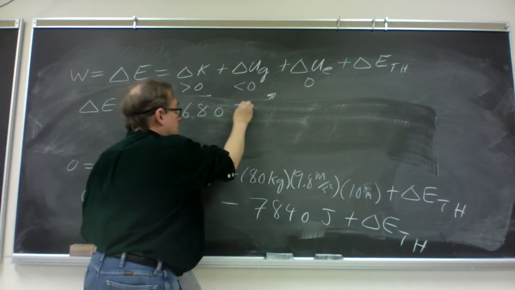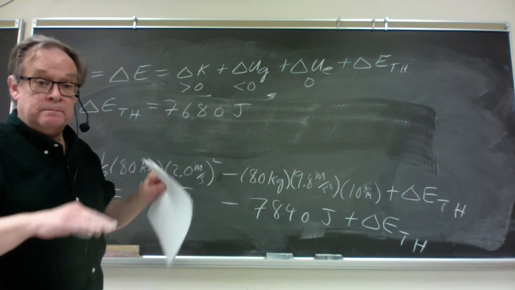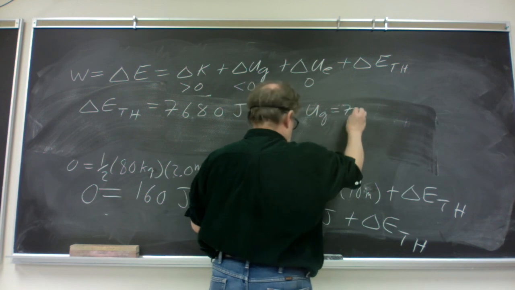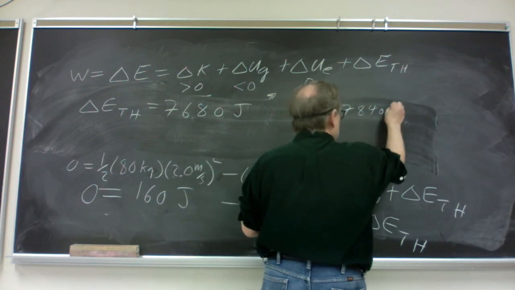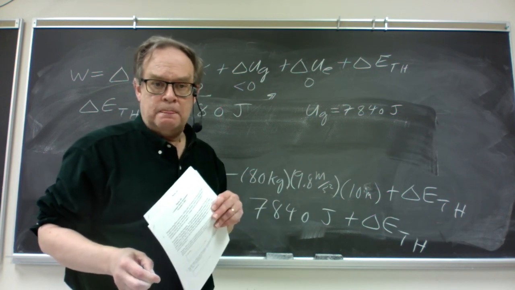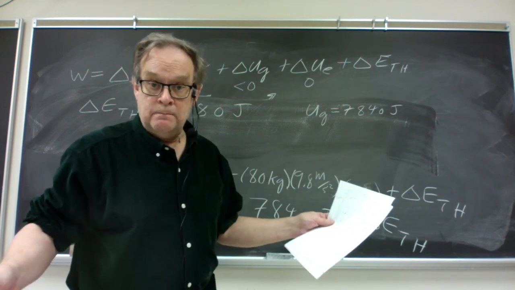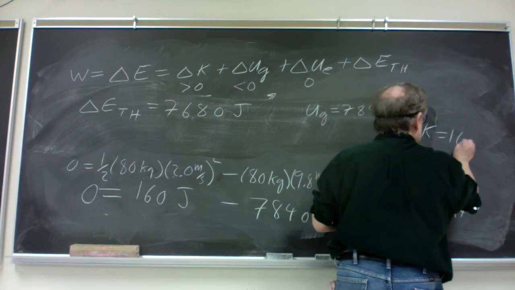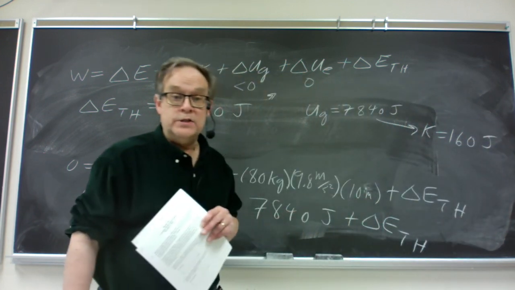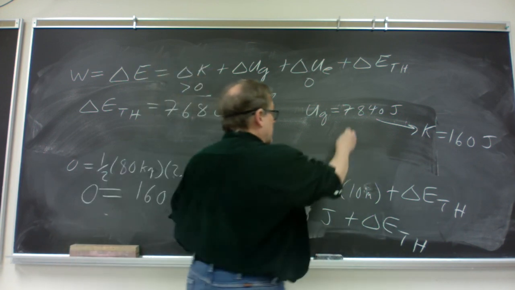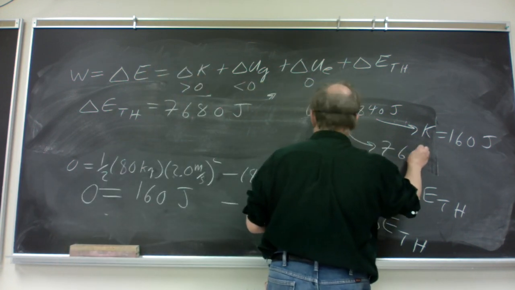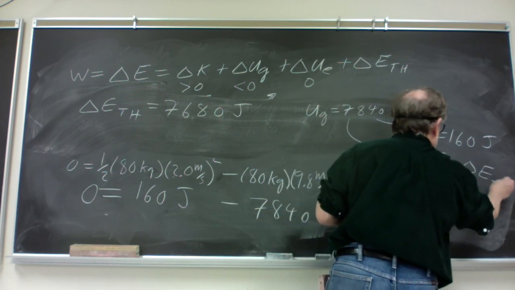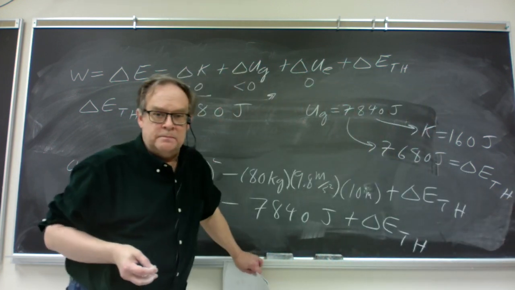In other words, in this system, initially, there were 7,840 joules of gravitational potential energy that disappeared because 160 joules of that went into kinetic energy of the firefighter, and 7,680 joules went into the thermal energy.